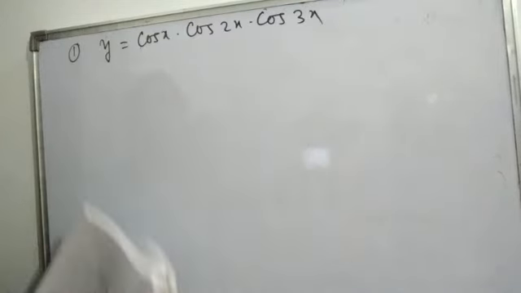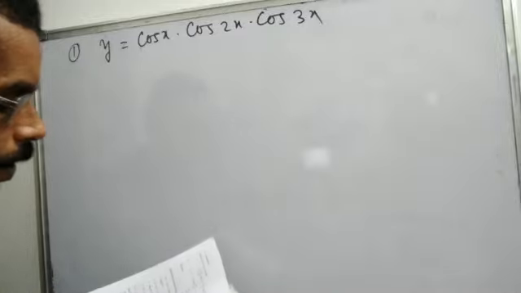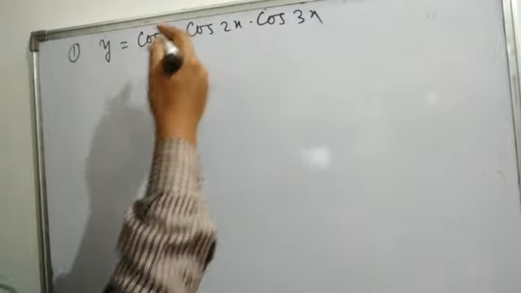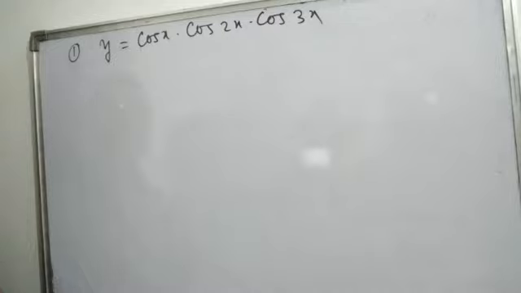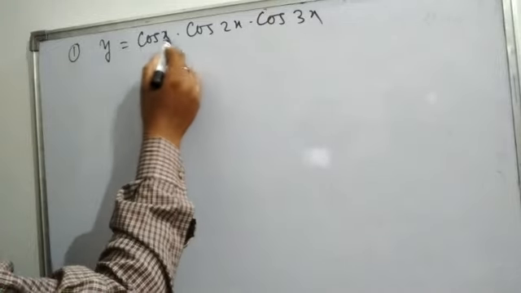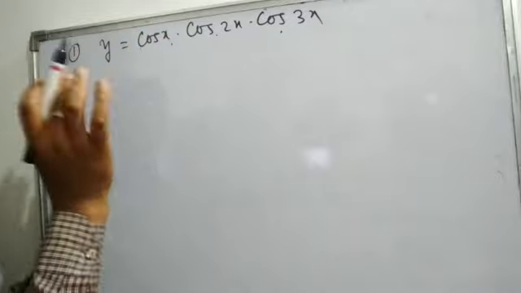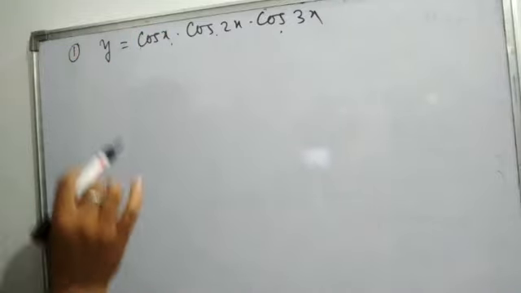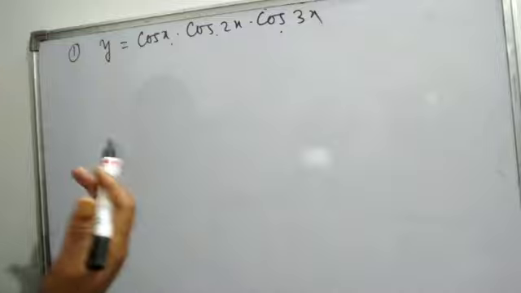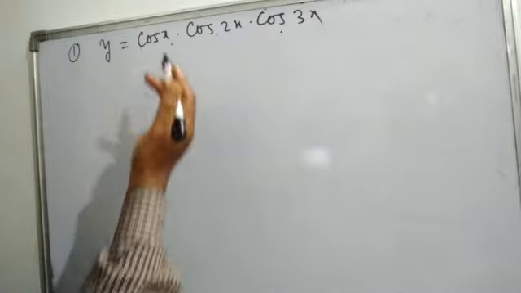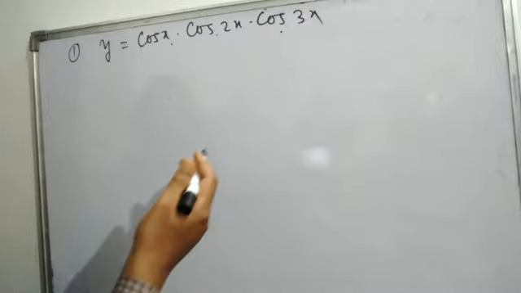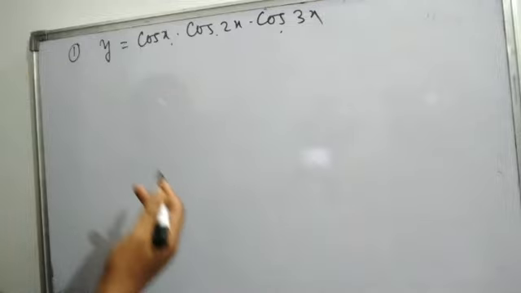Now the first part of exercise 5.5. y is equal to cos x, cos 2x, cos 3x. If there are two terms, then you can easily find the derivative using the product rule. But in this case there are 3 terms, so it will be easier to find the derivative using logarithm.